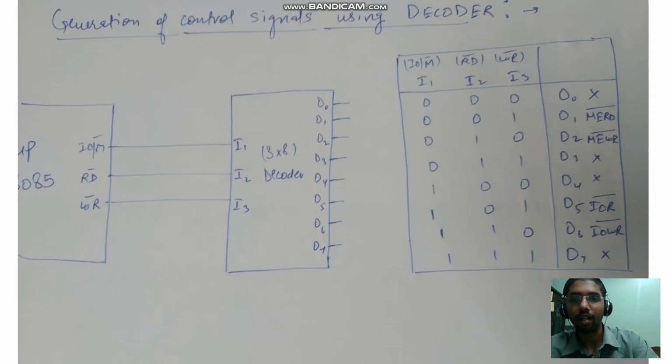That means the read operation will be performed. Accordingly, the control signal which is generated will be IO read bar. Similarly, we can understand how the input/output write operation will be generated. So in these two ways, we can generate these control signals for the microprocessor 8085. Thank you.